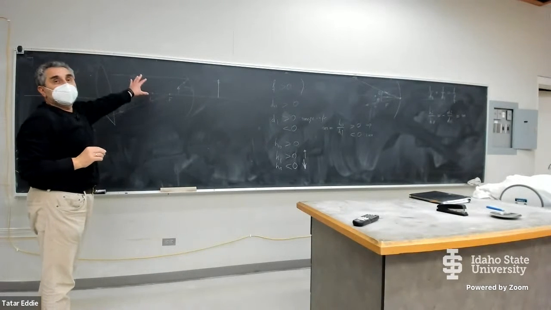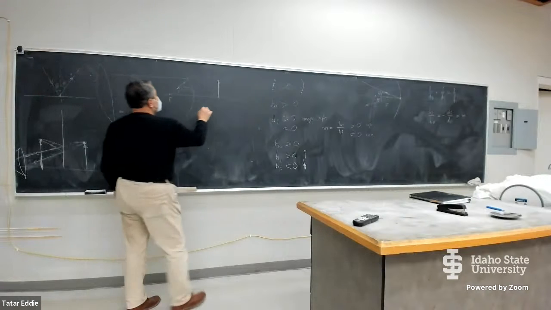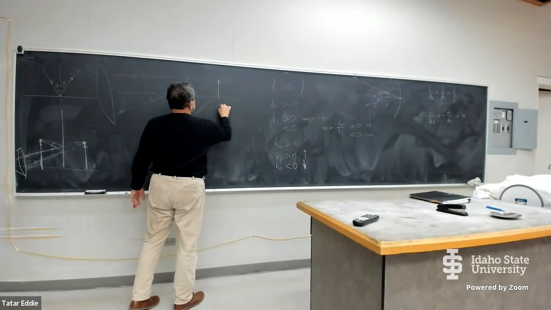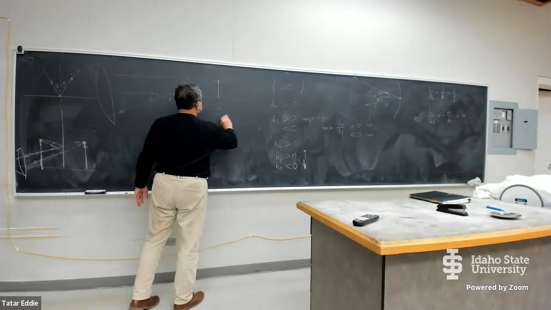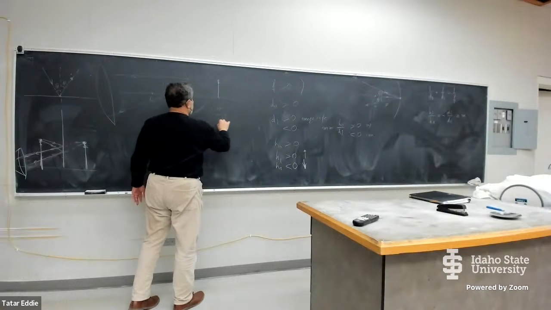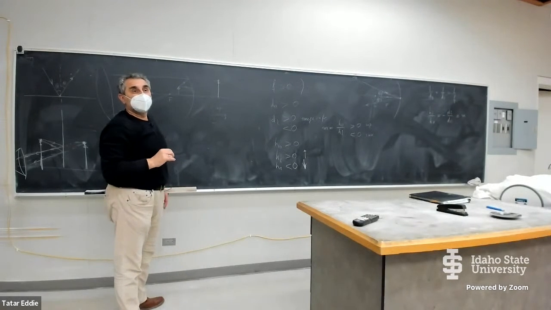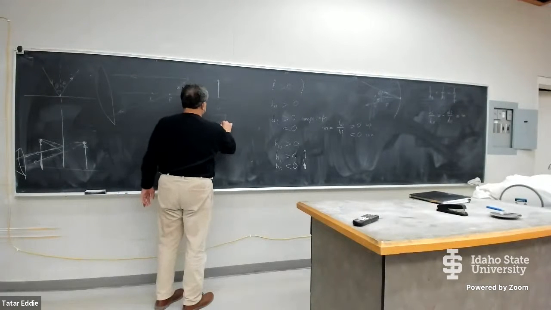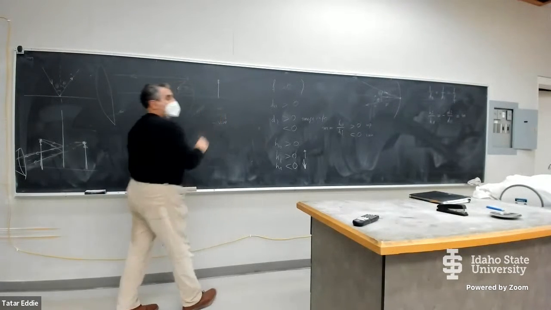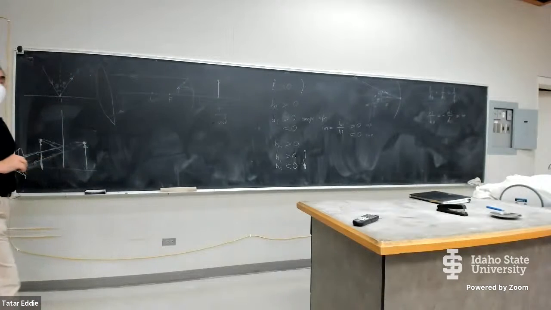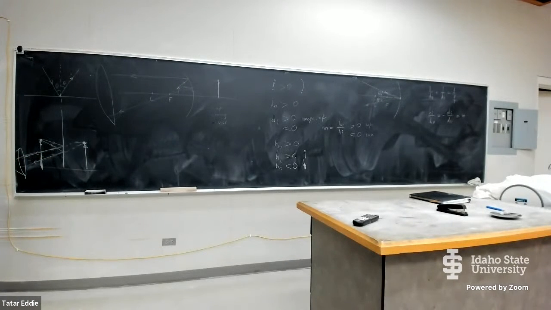So what are the properties of this image? It is upright, it is magnified, and it is virtual. Virtual, because it is behind the mirror where there is no light actually.